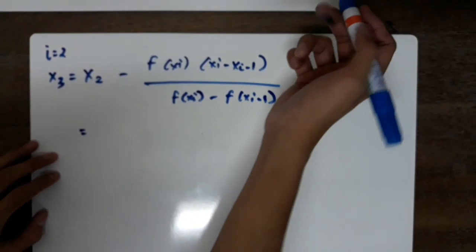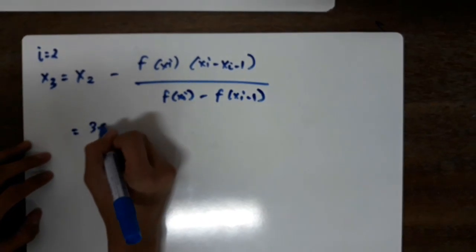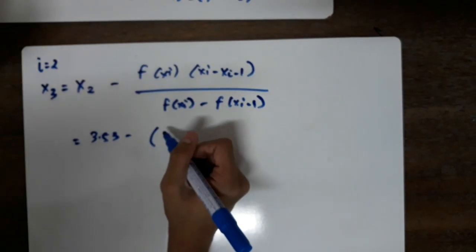The answer for our x sub 2 here is 3.53. So substitute again to the given equation.